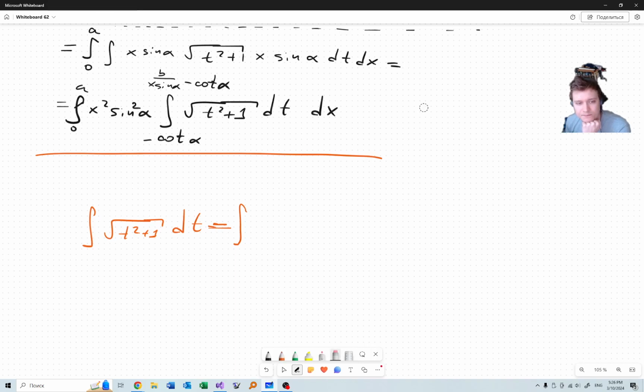So let's say that t is hyperbolic sine of s, and dt is hyperbolic cosine s ds. Then we have an integral of square root of sh squared s plus 1 times ch s ds.